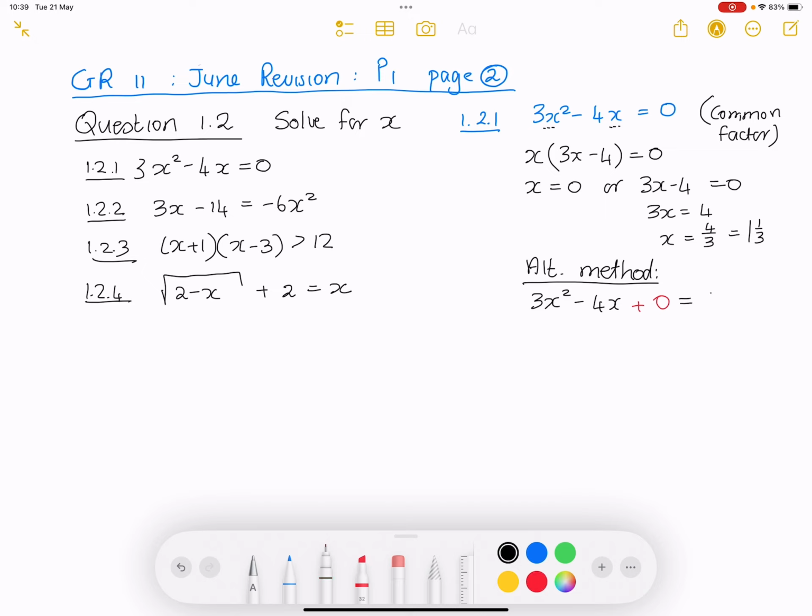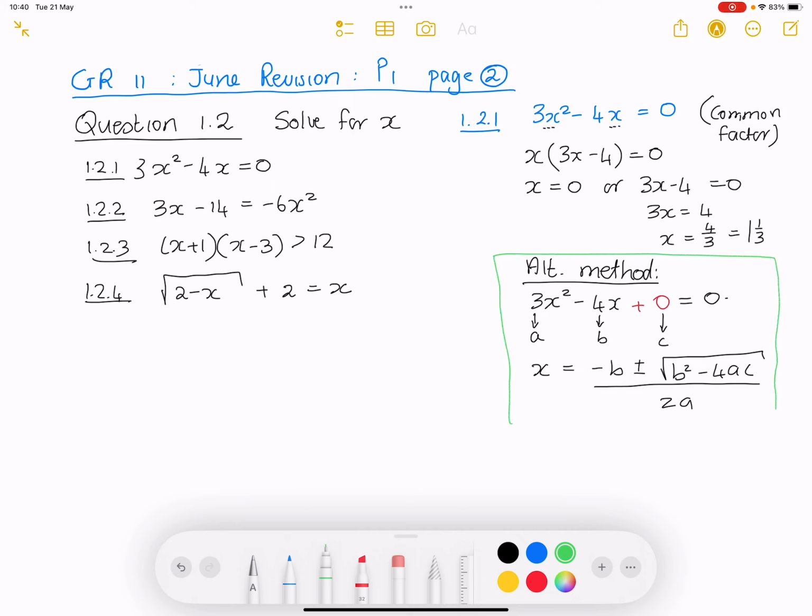So then this is the value of a, this is the value of b, and this is the value of c. So you would substitute it into x equals minus b plus or minus the square root of b squared minus 4ac over 2a. So if you can't factorize, it means that you can use this alternate method.